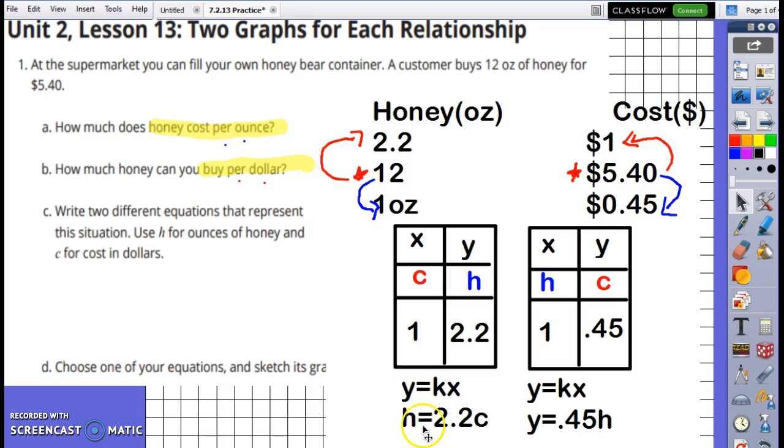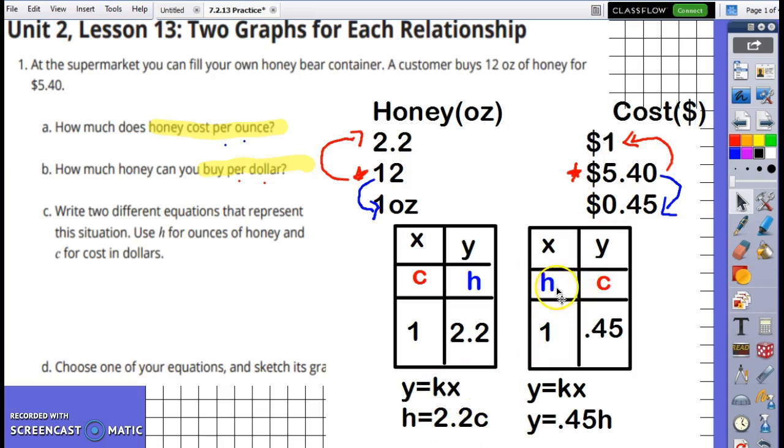My honey is equal to 2 and 2/10 times the cost. For every $1, that's how much honey I get. That C takes the place of my x value. When C is 1, honey is 2 and 2/10.